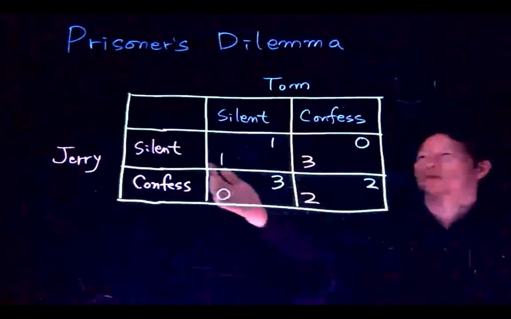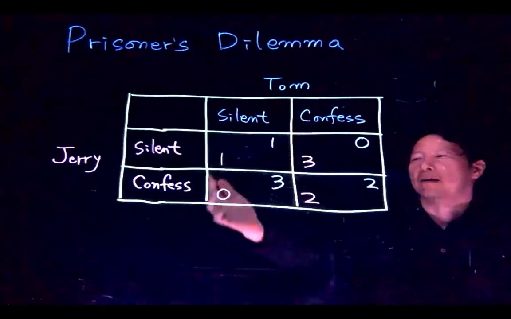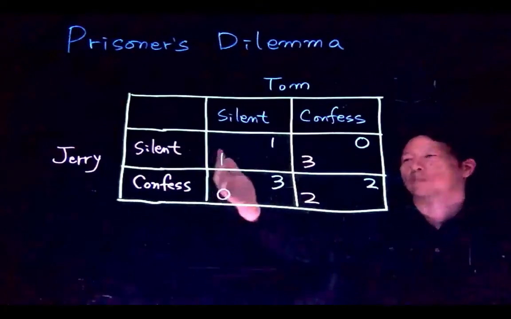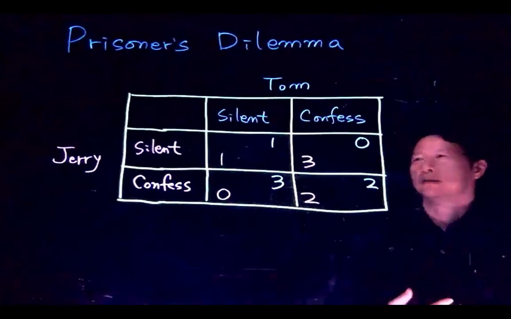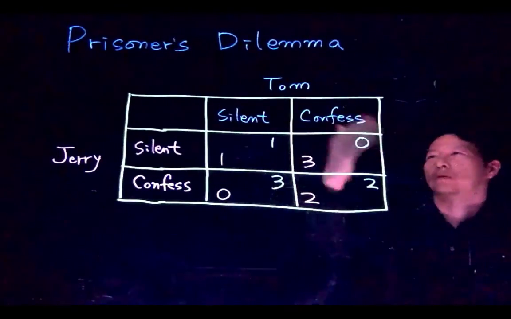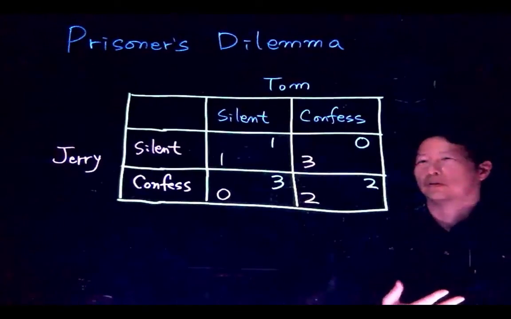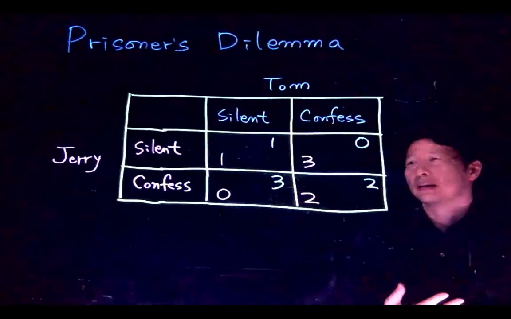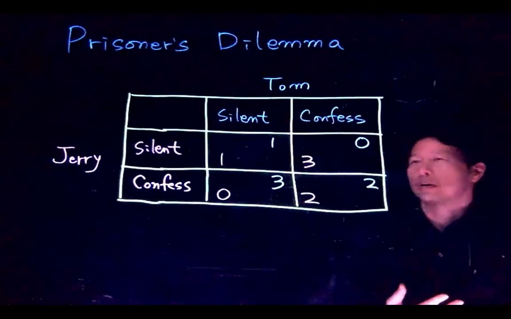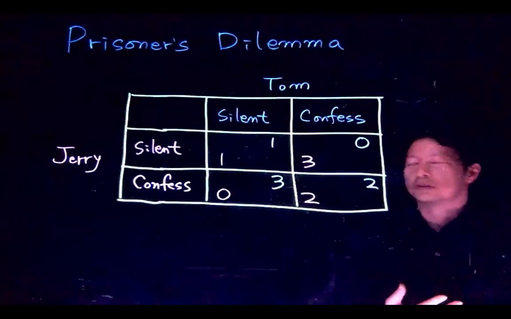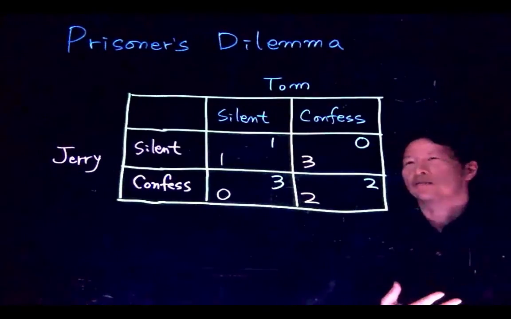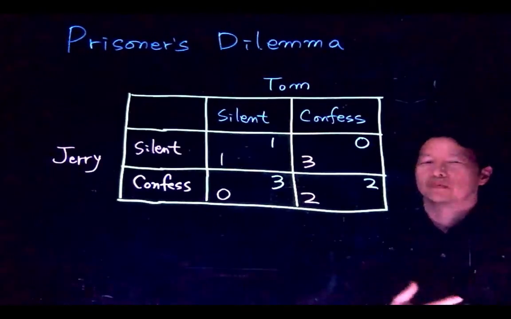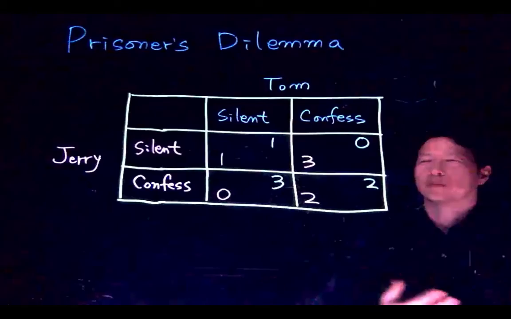So for these numbers, the lower left corner is Jerry's number of years in jail, and the upper right corner is Tom's years in jail. They have two choices: silent or confess. Silent means don't say anything, and confess means tell the police what happened.